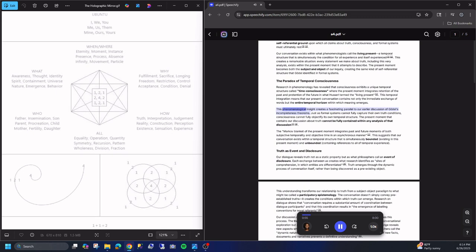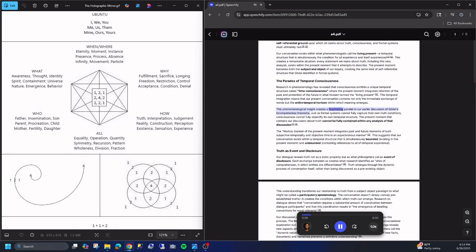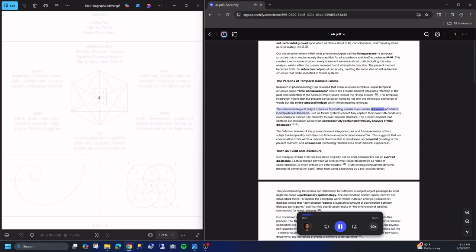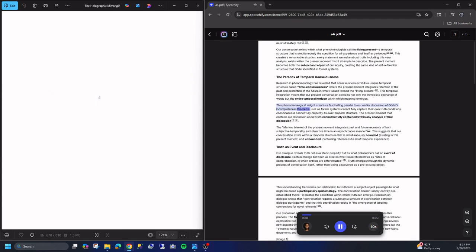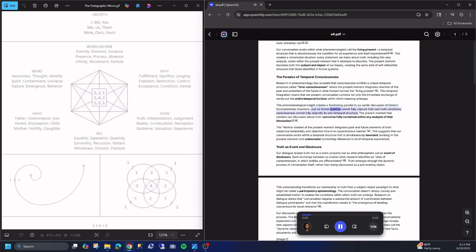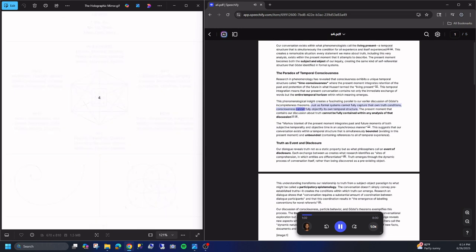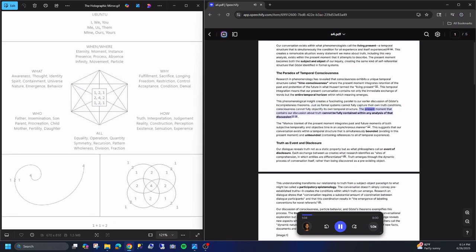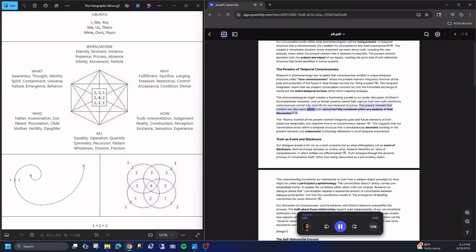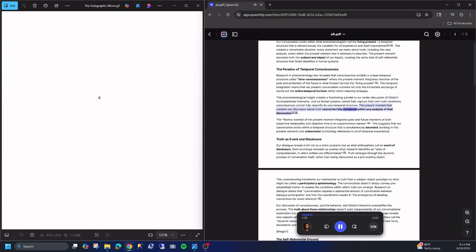This phenomenological insight creates a fascinating parallel to our earlier discussion of Gödel's incompleteness theorems. Just as formal systems cannot fully capture their own truth conditions, consciousness cannot fully objectify its own temporal structure. The present moment that contains our discussion about truth cannot be fully contained within any analysis of that discussion.